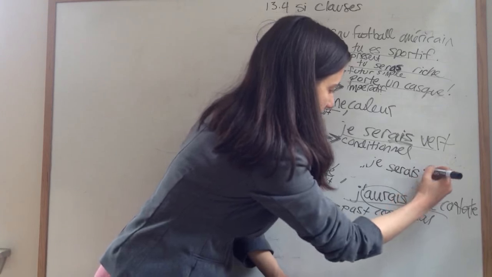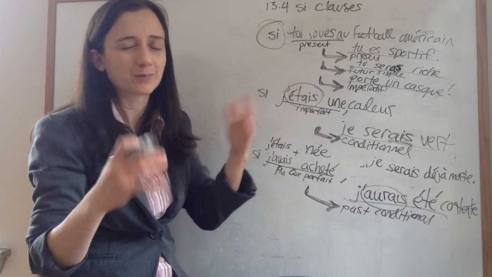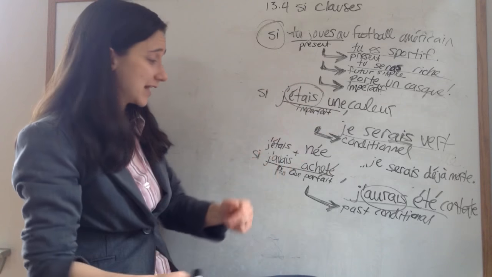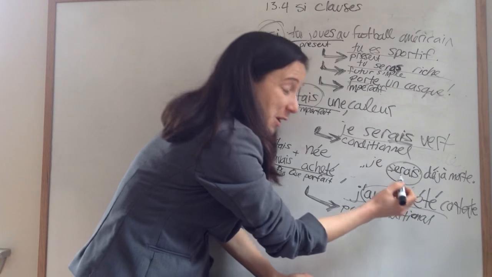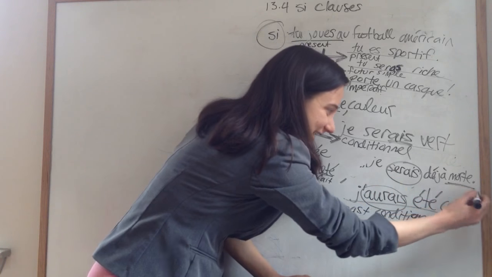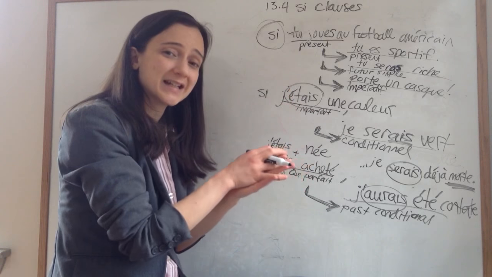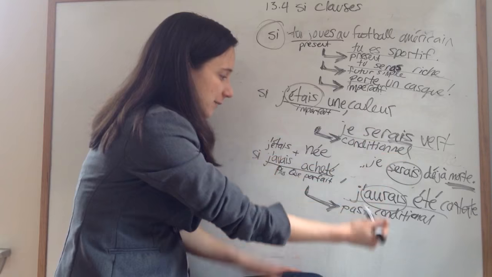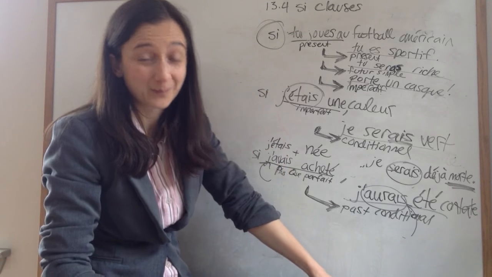Je serais déjà, I would already be dead. If we're going with lifespan and life expectancy way back when, like with the Black Plague, or that's in the medieval. But anyway, you get what I'm saying. It's again the conditional plus our past participle. So it's acting like it's the passé composé, but for our helping verbs, these are in the conditional, and our helping verbs here are in the imparfait.